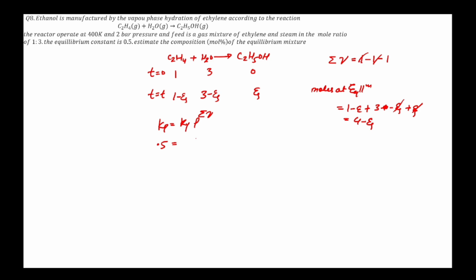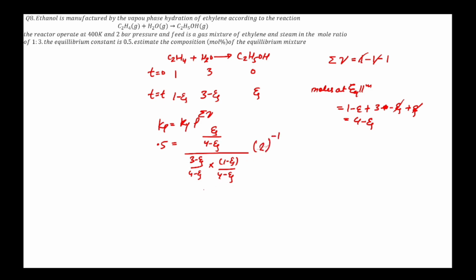Ky: for the product C2H5OH, E upon 4 minus E, divided by, for the reactants, 3 minus E upon 4 minus E into 1 minus E upon 4 minus E. And P is 2 bar to the power minus 1.